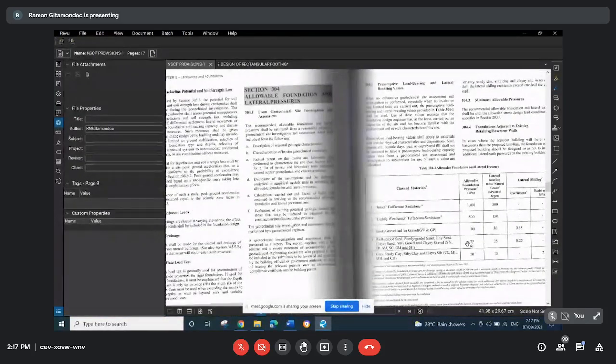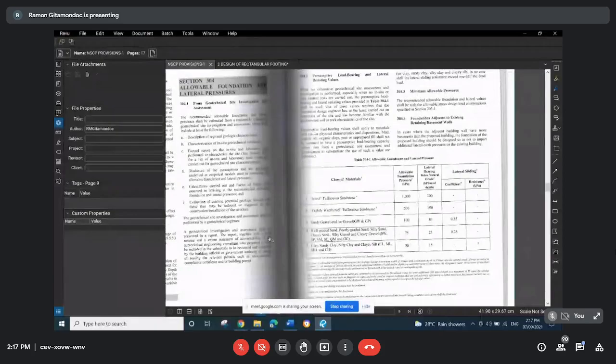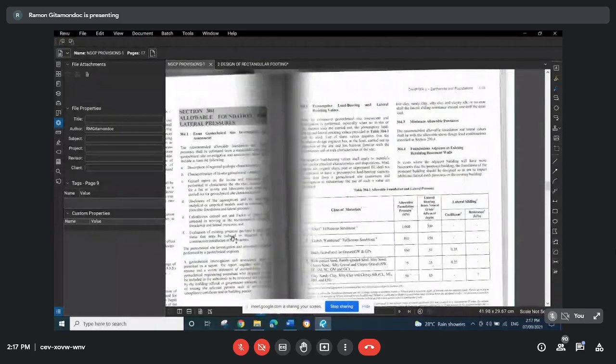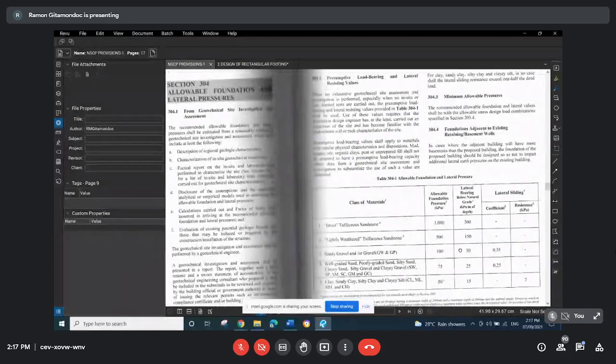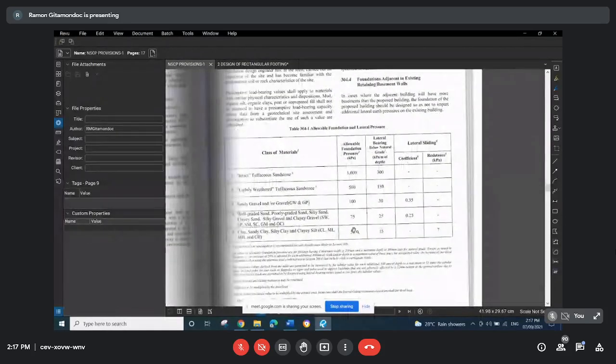Now, in lieu of geotechnical exploration, here you have the allowable foundation and lateral pressure.